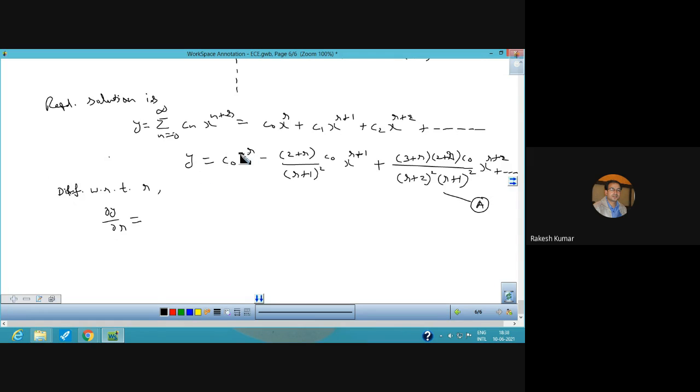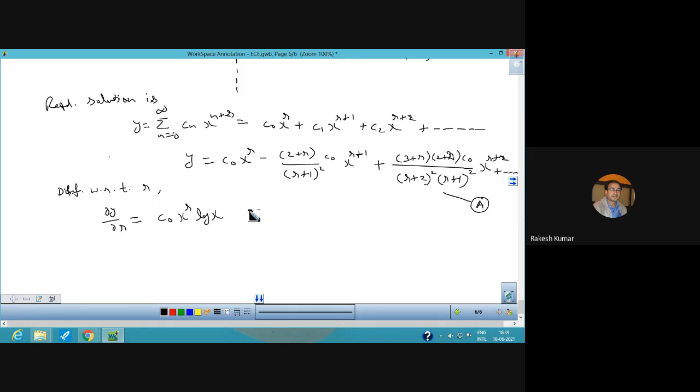So we need to get the derivative with respect to r, and here you just see this is c naught. You know how to find out the derivative. The derivative with respect to r is x raised to power r log of x, if you remember the formula.